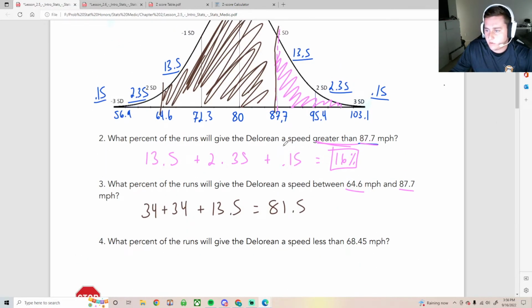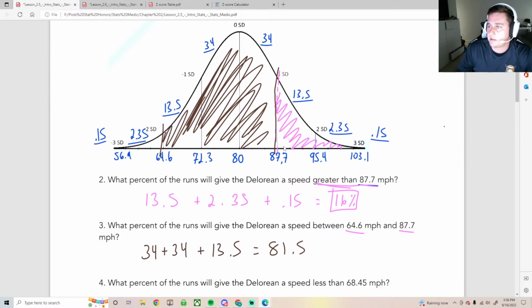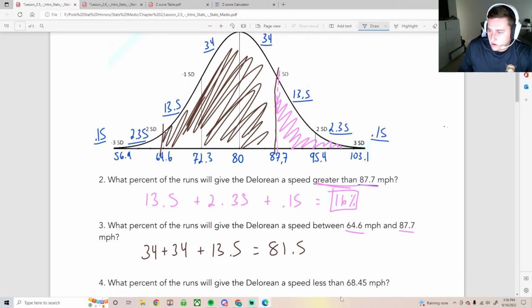What percentage of the runs will give DeLorean a speed less than 68.45 miles an hour? Let's change to a little bit of Tiffany blue. Less than 68.45. Now, here's where we run into a problem.